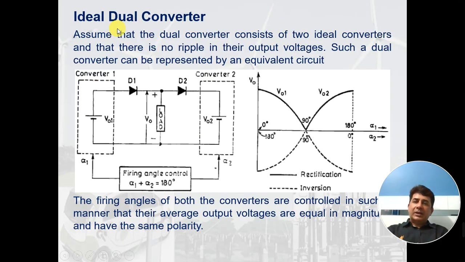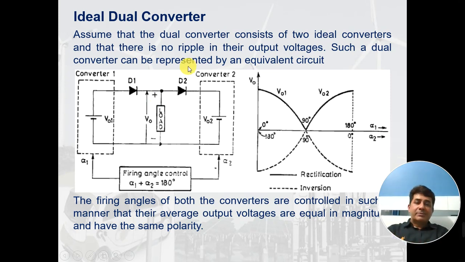As we assume the dual converter as an ideal converter, we have assumed that the output voltage is constant over the period for which it is working. That means this is positive and this is negative. Now, how to get this? How is it possible that both the converters give positive voltage at the output, because they are connected to the same supply?